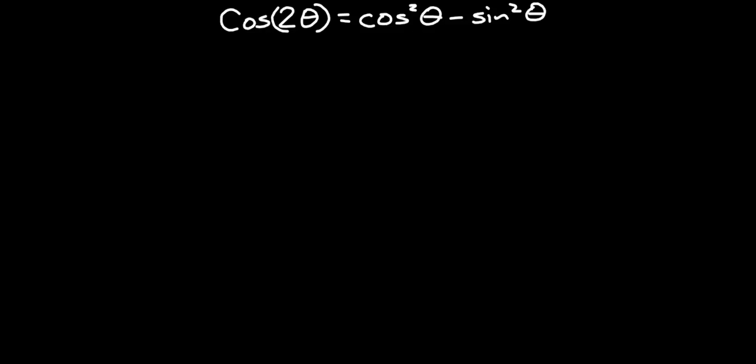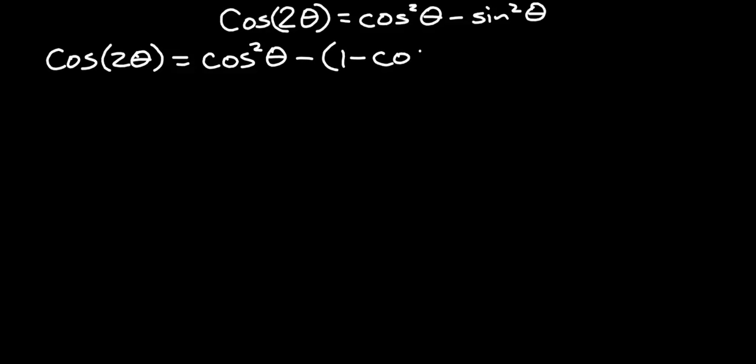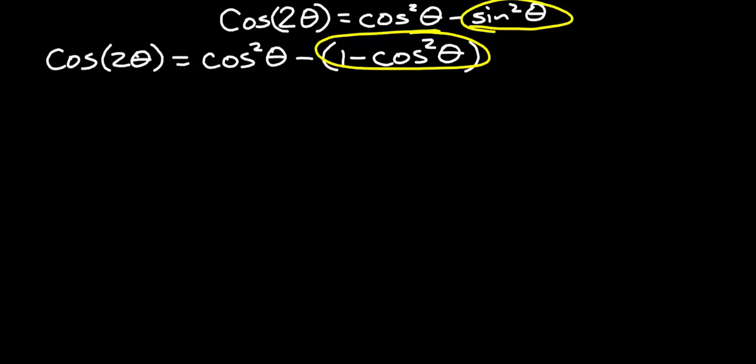For example, if I replace the sine squared with 1 minus cosine squared, I get this. I get cosine squared theta minus (1 minus cosine squared theta). See, all I did was replace this with this.